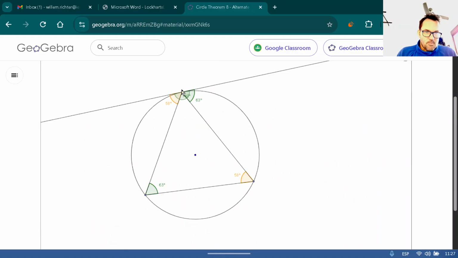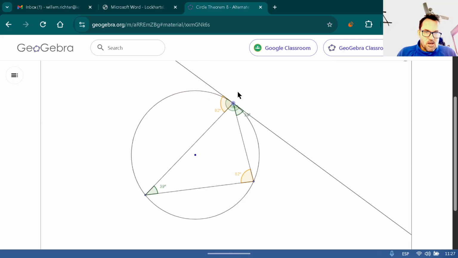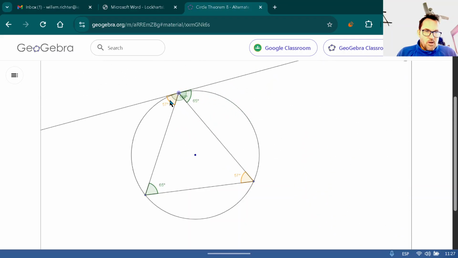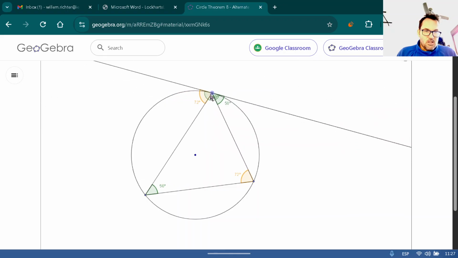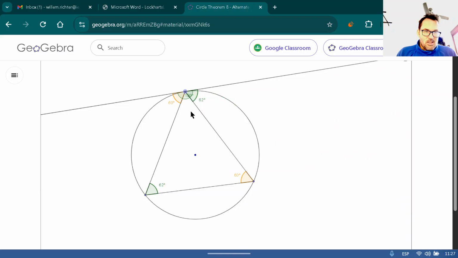So you see we got a triangle inside, we got the tangent. Now look carefully here: 57 over here, 57 over there, 65 over here, 65 over there. It doesn't matter how I move this, the angles might change, but it stays equal there. Look, if I change this one, which is 60, the two green angles change, but this stays 60, that stays 60.